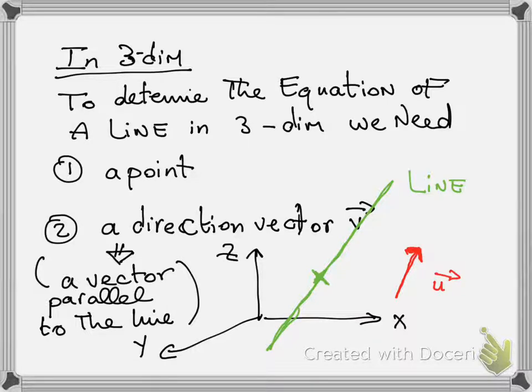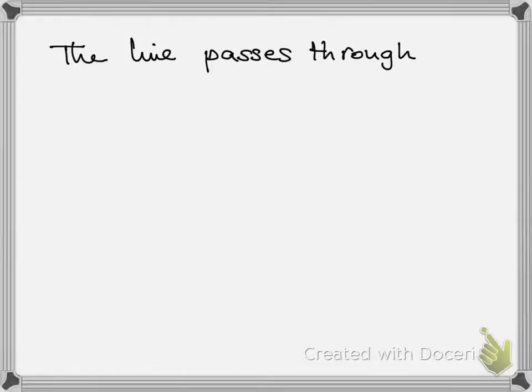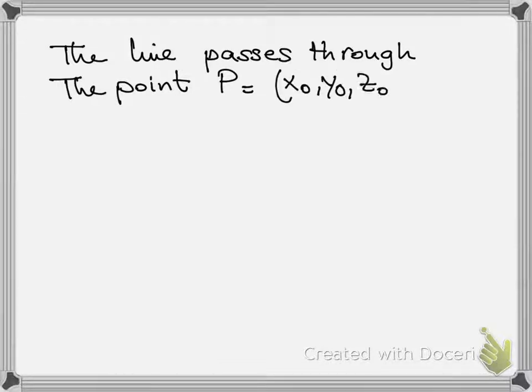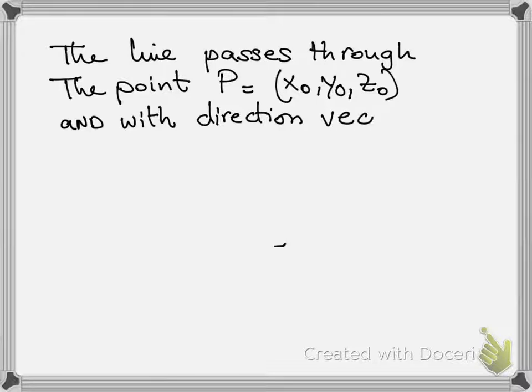So how do we find the equation of the line? Let's say the line passes through the point P, where P is (x0, y0, z0), and with direction vector, which is like the slope, so our line would be parallel to this direction vector u.